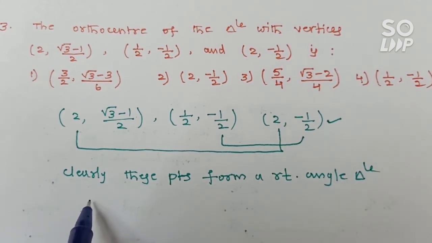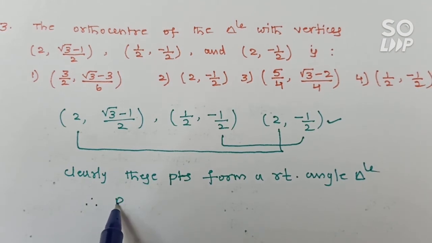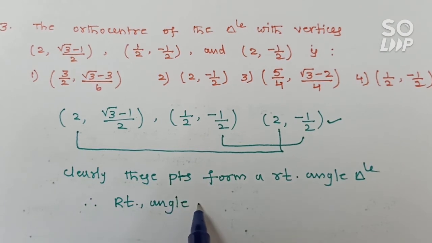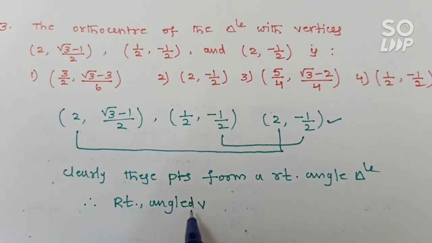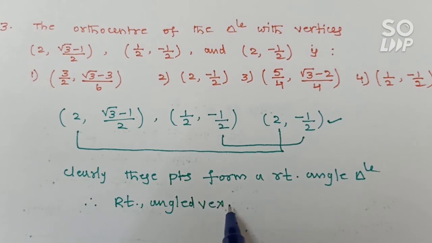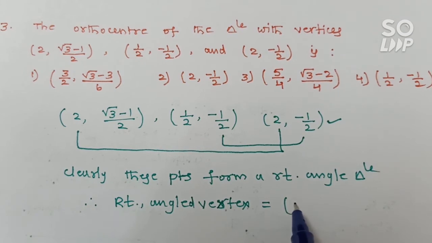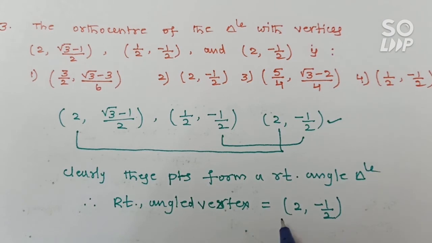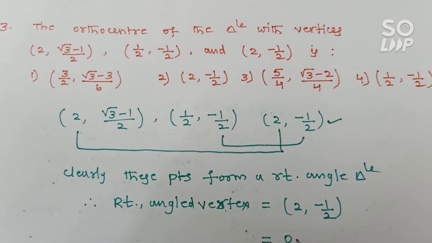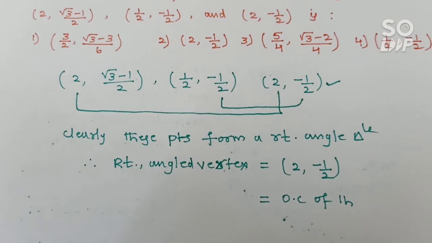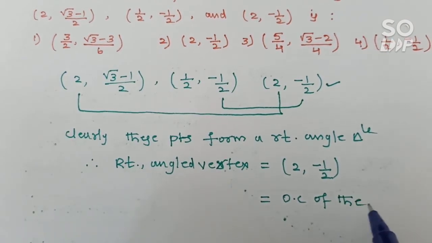Therefore the right angle vertex is equal to 2 comma minus 1 by 2. We know in a right angle triangle the orthocenter is the right angle vertex, that is equal to the orthocenter of the triangle. This one is the orthocenter of the triangle, right?